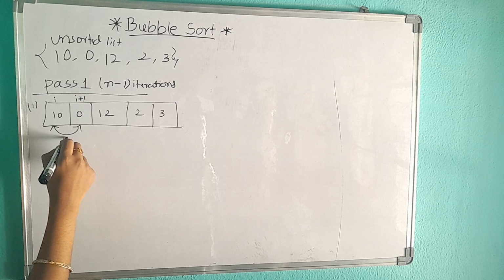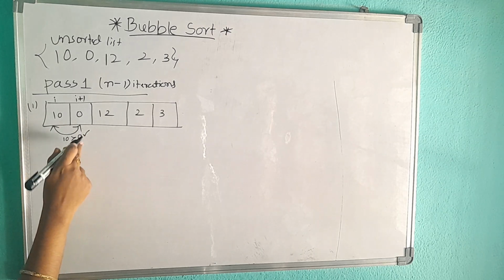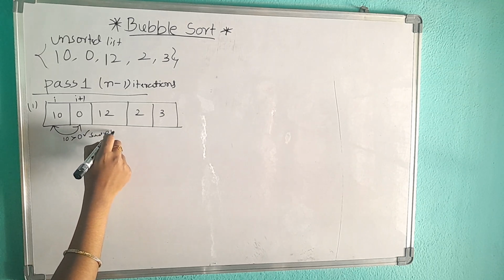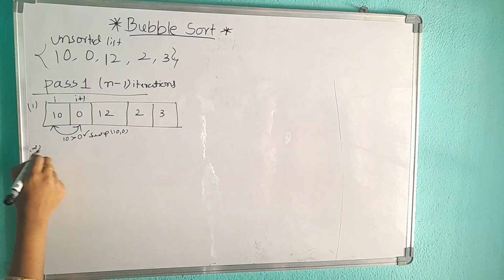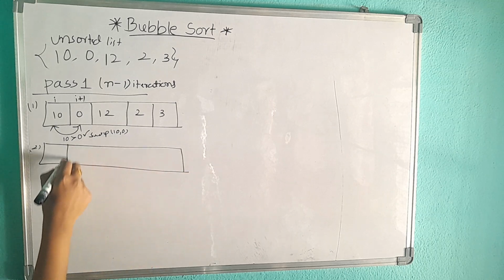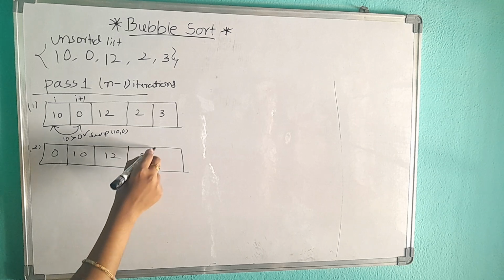Here, element I is 10. Is 10 greater than 0? Yes, condition passed. Therefore, we have to swap 10 and 0. So, the list becomes like this in the second iteration: 0, 10, 12, 2, 3.